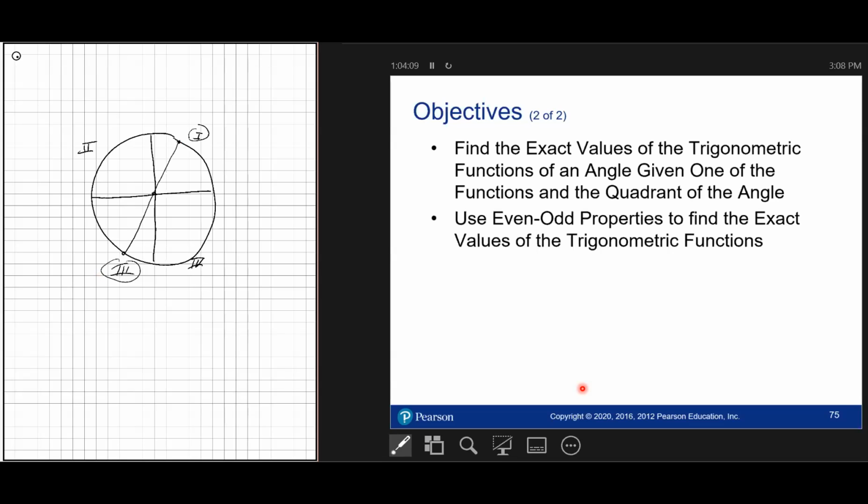Same thing with the second and fourth quadrants. This point here and its corresponding point on the other side: the only difference is that the x became negative and the y became positive, or vice versa, depending upon which direction you're traveling.